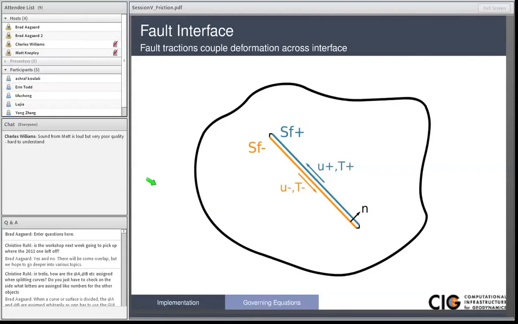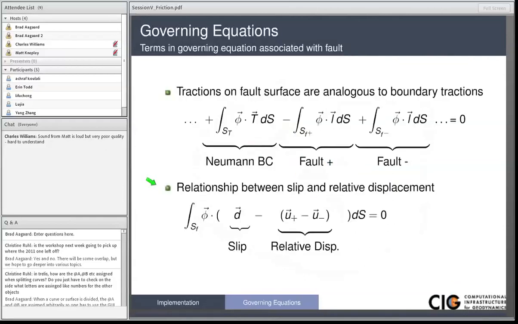So recall from our introduction to PyLith on Monday that we talked about the fault tractions coupling deformation across the interface. And so we looked at these equations where we had the Neumann boundary condition in a similar form to the internal tractions that have the opposite signs.